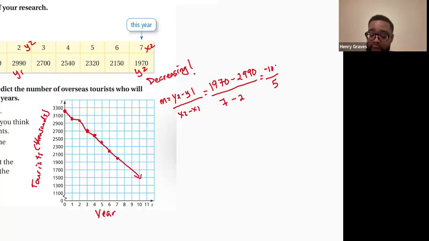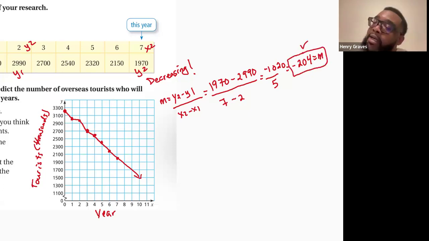So negative 1020 divided by 5 is going to be negative 204. So I have a slope of negative 204. Cool, right? Now we can find the y-intercept. If we look at the graph, it'll tell us the y-intercept too, but it's okay. We'll do it the hard way because we're knuckleheads.